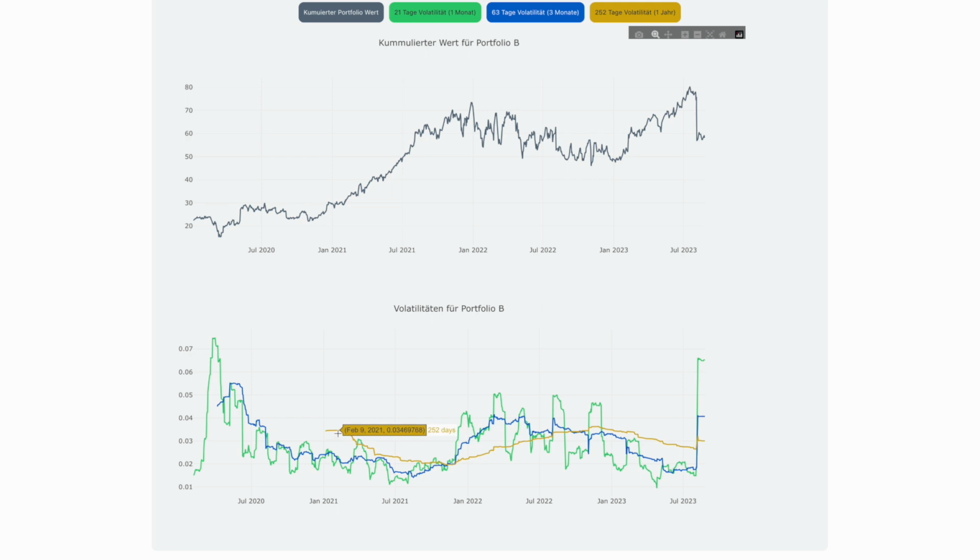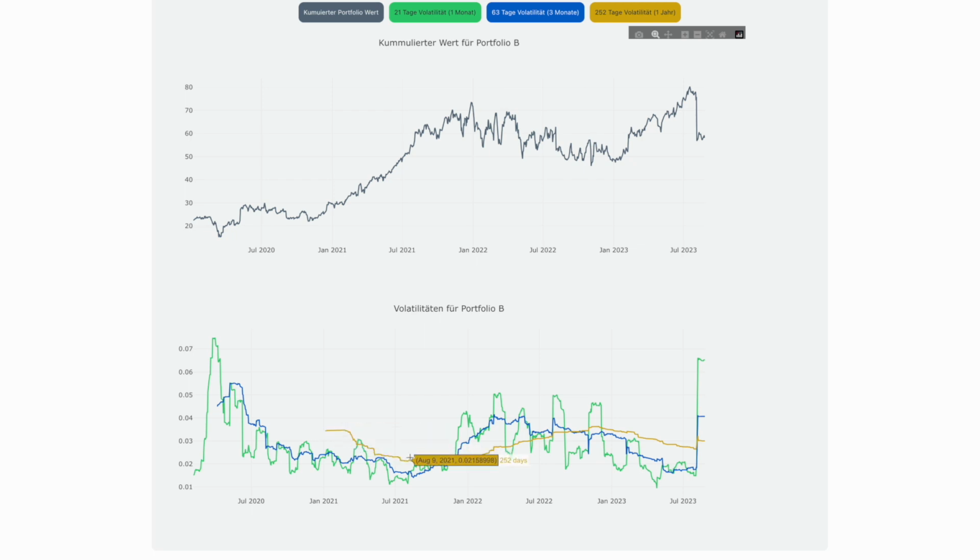Then the yellow line is the 1-year volatility, and it starts with a delay of about 252 days because after that we have the first time enough data points to calculate this volatility. And 252 days because you probably already guessed it, right? In 1 year we have on average 252 days of trading.